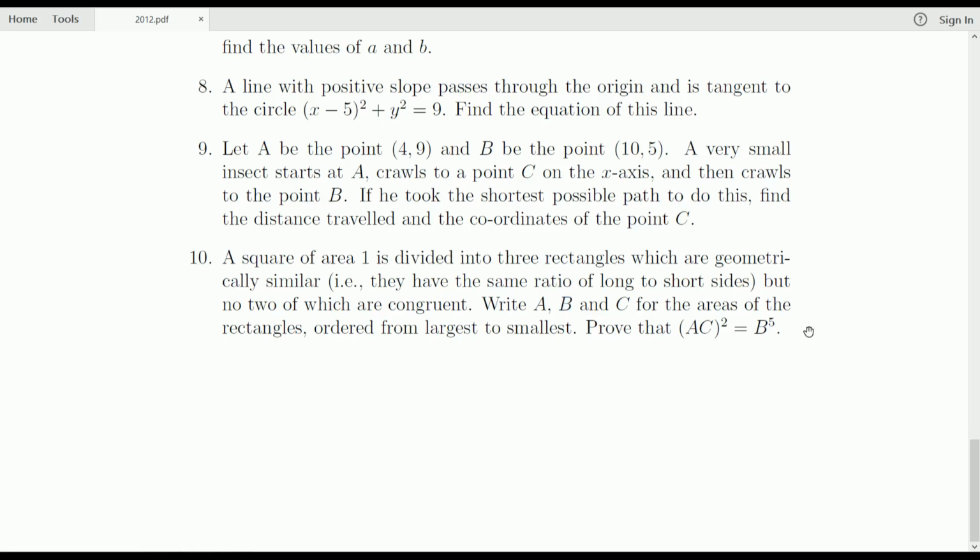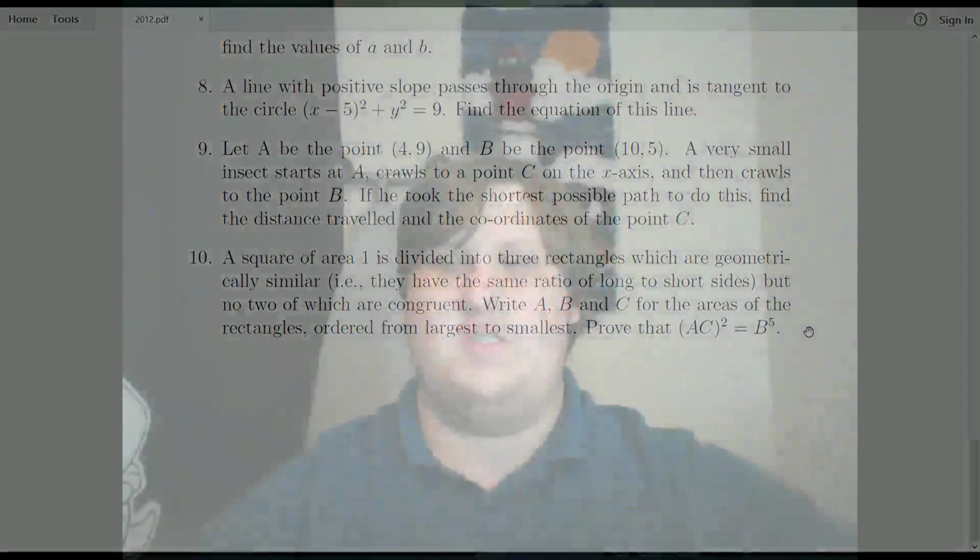Okay. So, one wonders, is this some geometric relationship that is just true when you divide a square up in these particular ways? Or is there just one particular way to cut a square in this manner into the 3 rectangles?